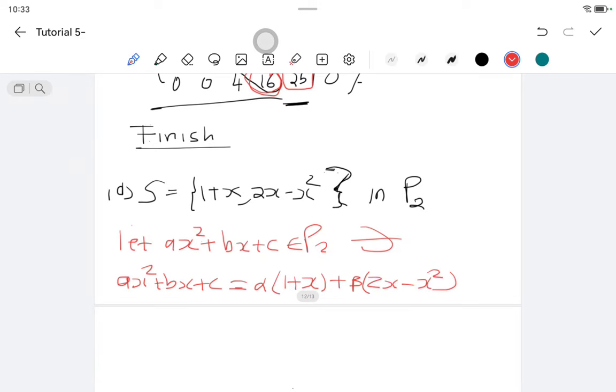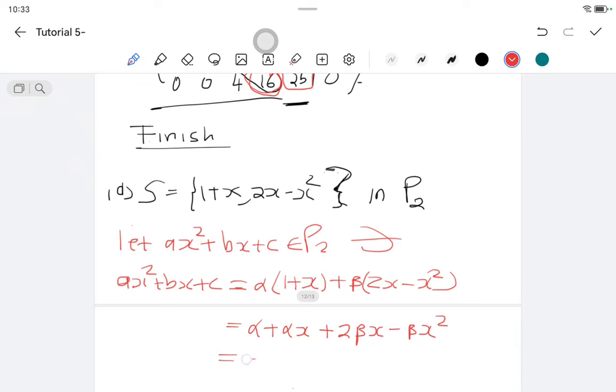Right, and here we get what? We get alpha plus 2 beta x. Let me just write it like this, it's fine. It's alpha plus alpha x. Let me write it step by step once. Actually, you don't have to put this because there are no commas, right? You can just say alpha plus alpha x plus 2 beta x minus beta x squared, which I can now rearrange according to the x squared, right?